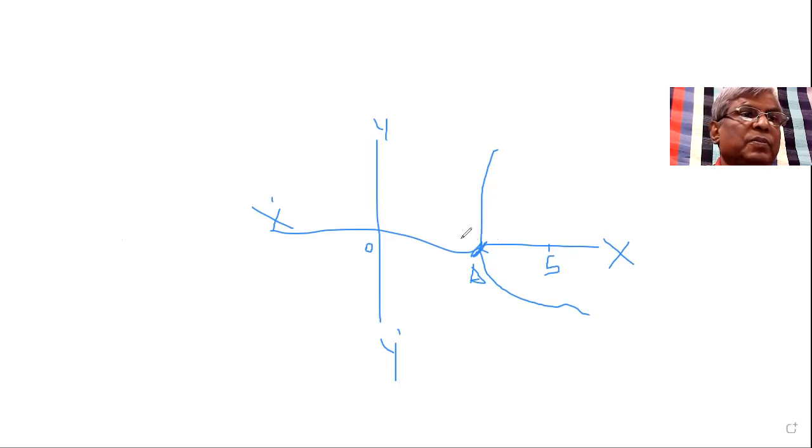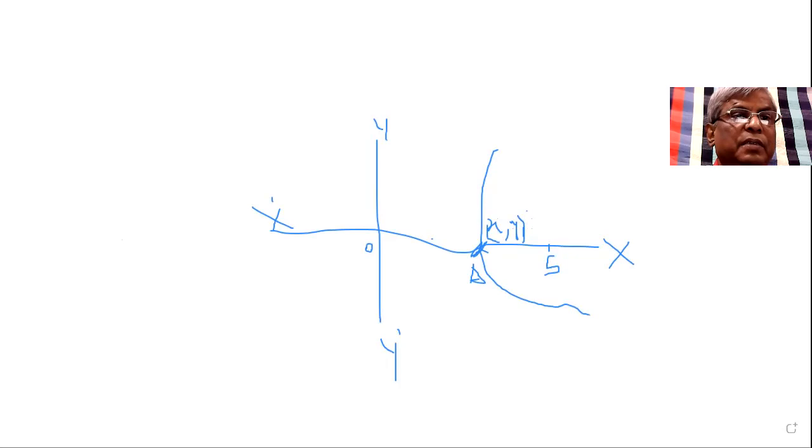Suppose here the point is (x, y), taking x and y as the coordinates of this vertex.